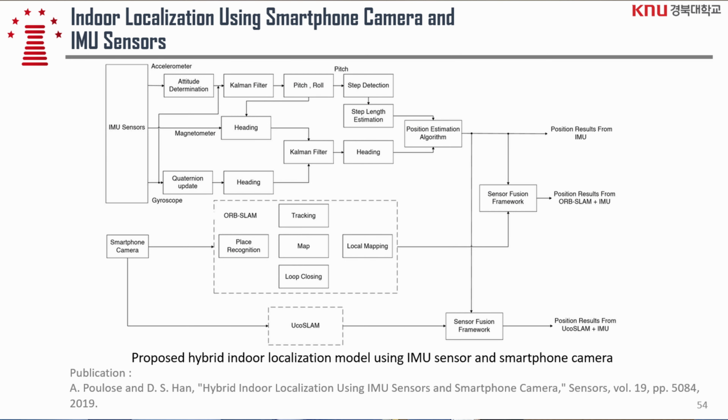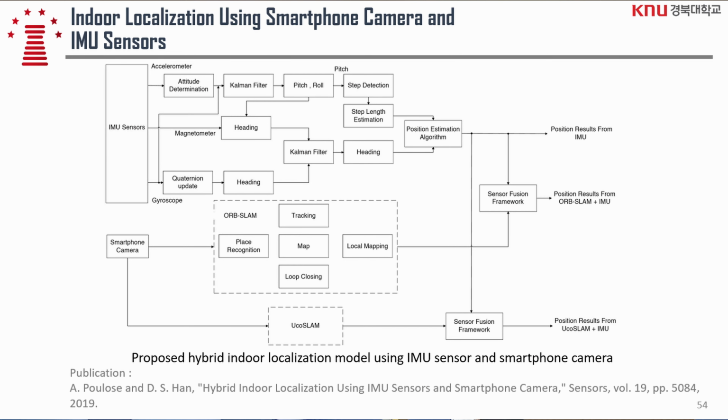For the fusion, we used our Kalman filter, the same previously implemented Kalman filter with different state matrices, and these are the basic Kalman filter predicting and updating algorithms. For the experiment, we used an old Samsung model. This is due to the processing delay.